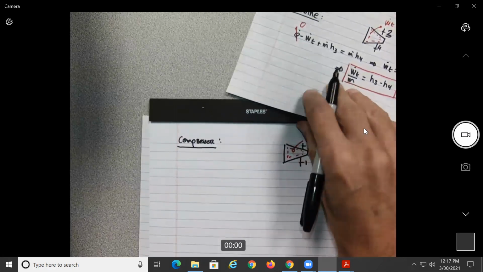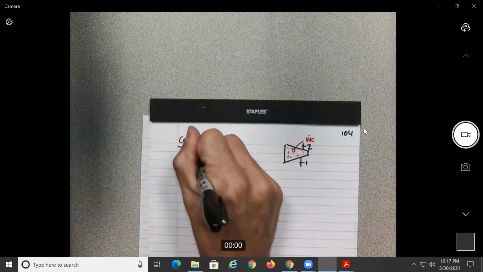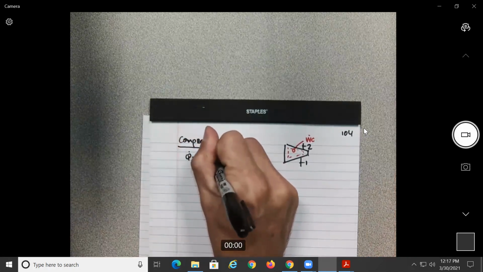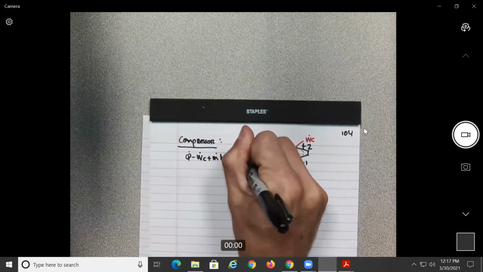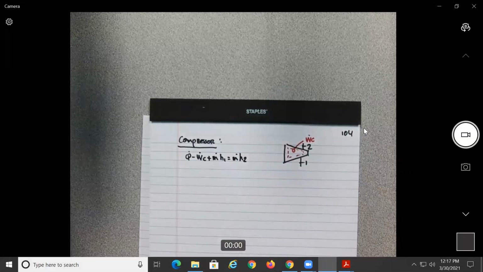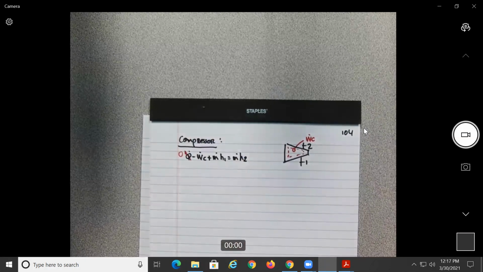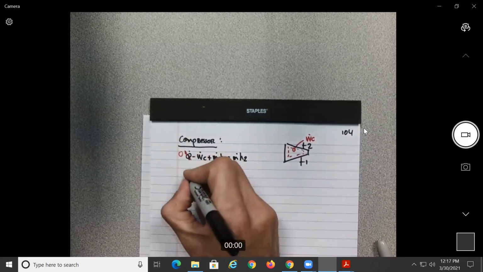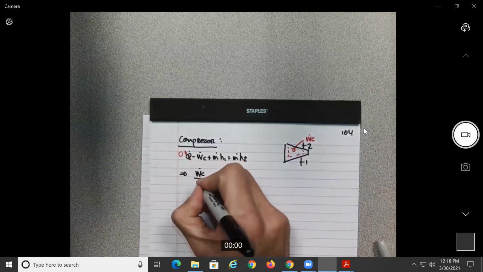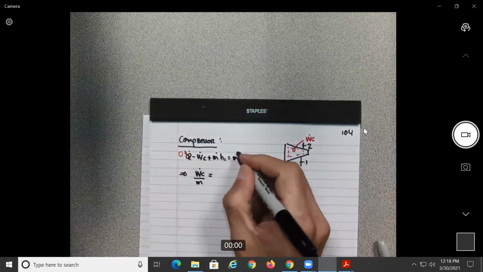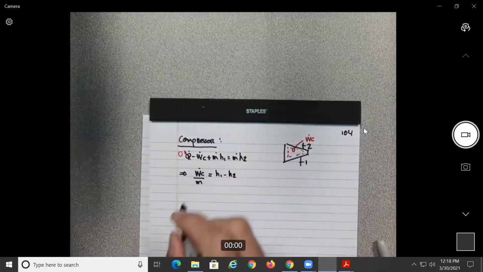If we apply the first law of thermodynamics to this one, we have Q minus work compressor plus m dot h1 equal to m dot h2. As before, there is no heat gain or loss, so Q dot equals 0. So this is going to give us that the power required by the compressor per unit mass will be equal to h1 minus h2.